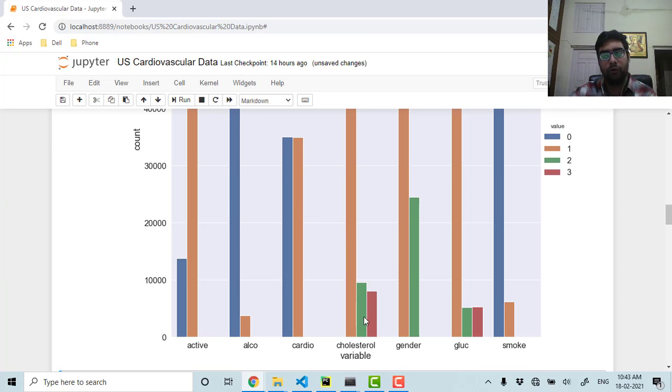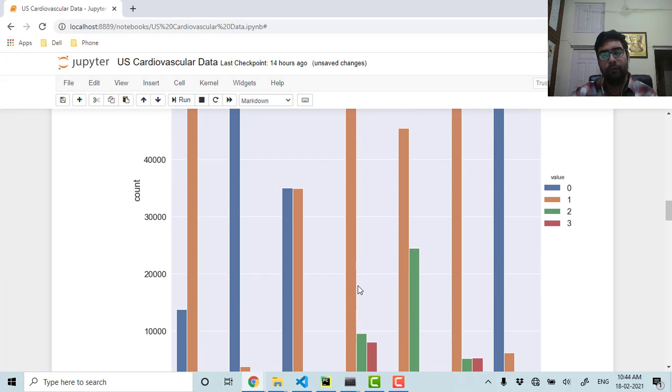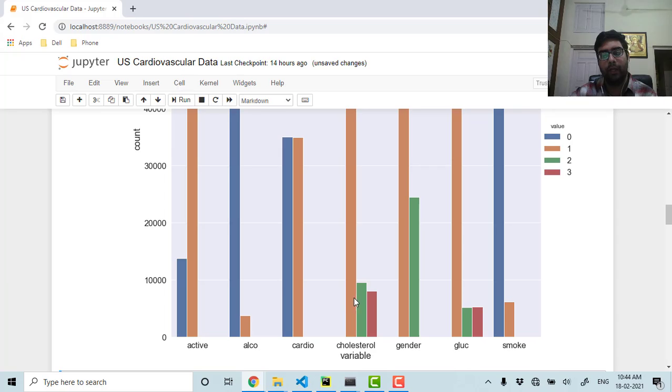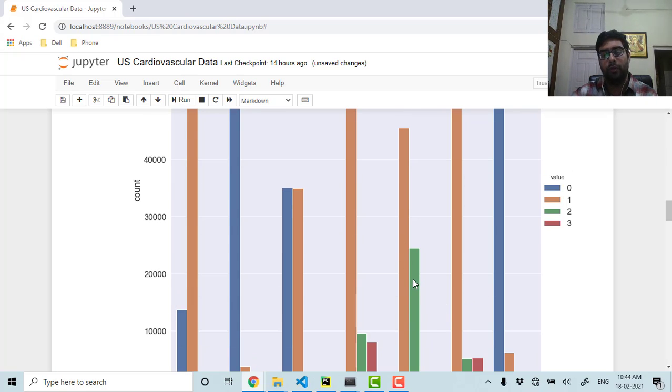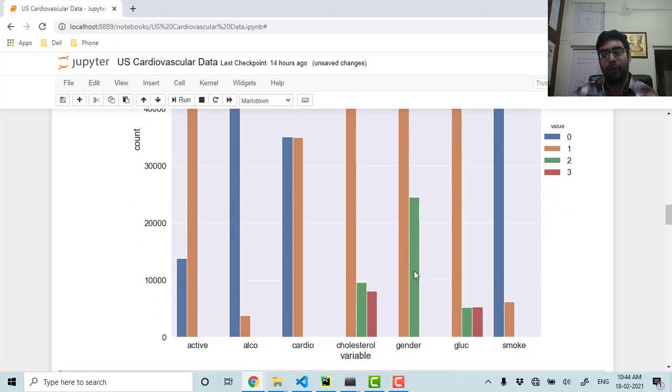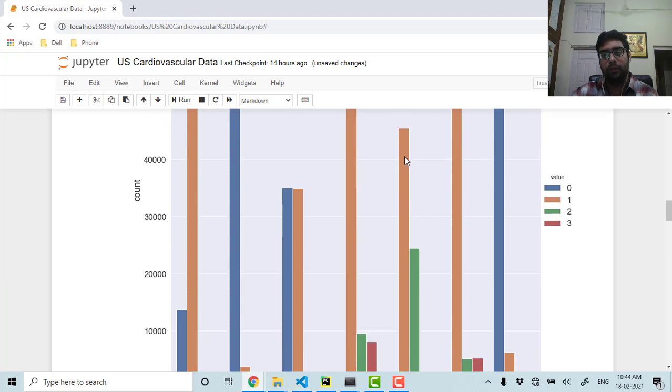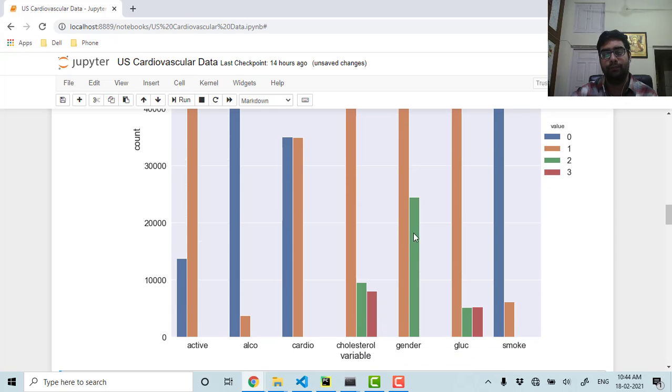Then we have the cholesterol variable. Most of the samples are in category 1 and the fewest are in category 3, which is the danger category. Similarly we have gender, which is either male or female. We don't know which is male and which is female, but one gender is definitely double the other.